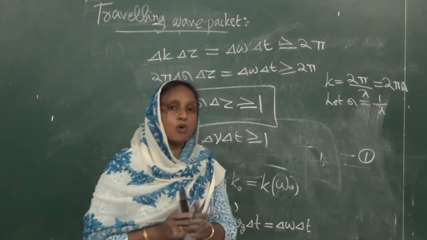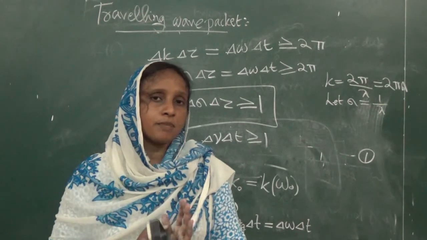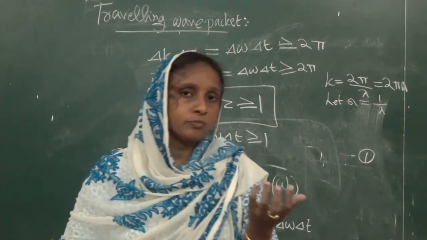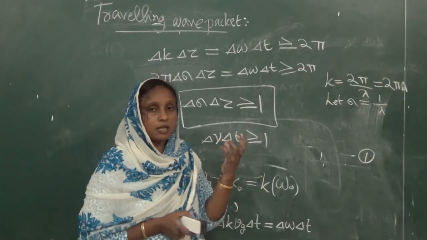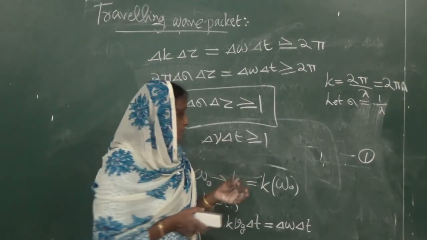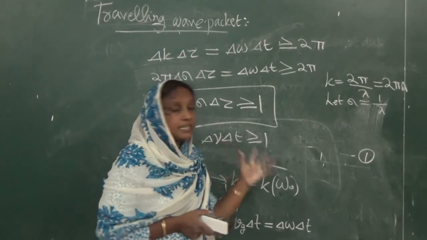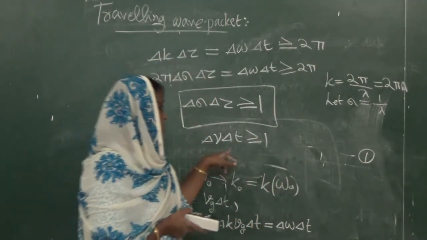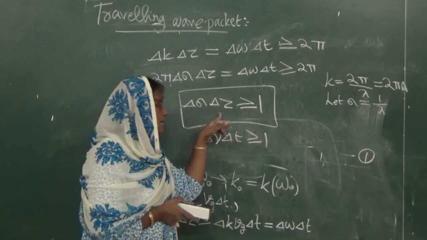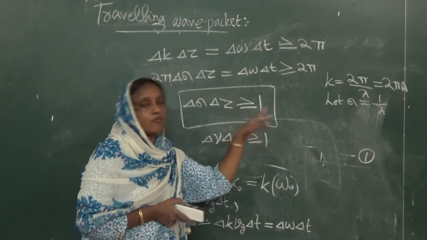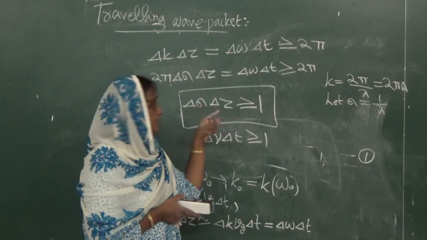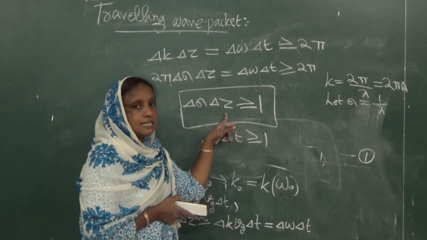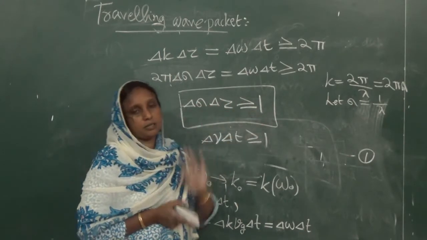Usually, as the wave propagates through the medium, each component moves with a different velocity and the group velocity itself varies. In this case, we get delta sigma delta z greater than 1. In more general cases, delta sigma delta z is greater than 1.